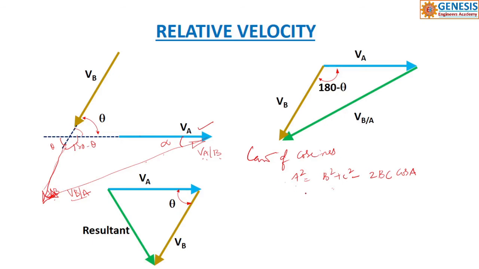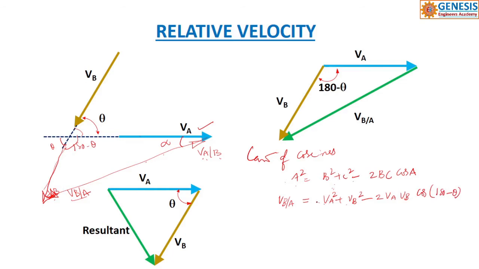So in this case, I can take it as VBA. For knowing this, these are the two components, that is VA square plus VB square minus 2 VA VB cos of the angle between these two. Care must be taken while using this formula.